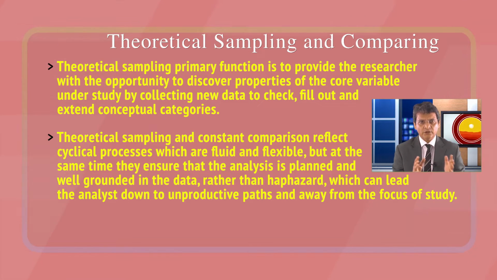Theoretical sampling and constant comparison reflect cyclical processes which are fluid and flexible, but at the same time, they ensure that the analysis is planned and well grounded in the data, rather than haphazard, which can lead the analyst down unproductive paths and away from the focus of a study.